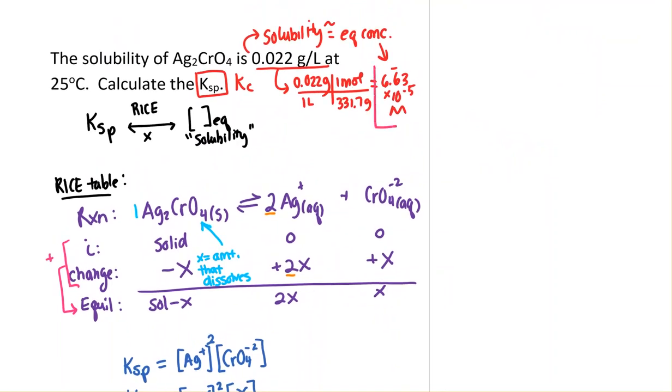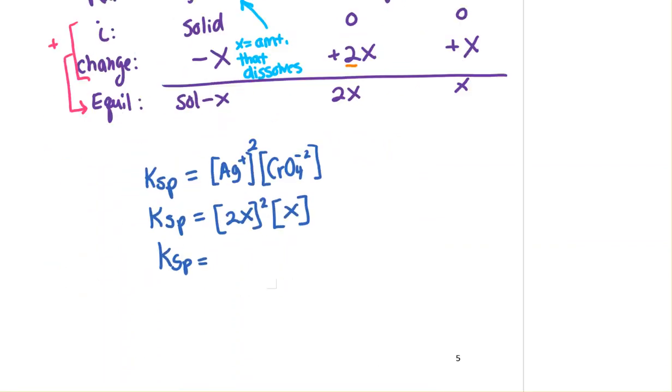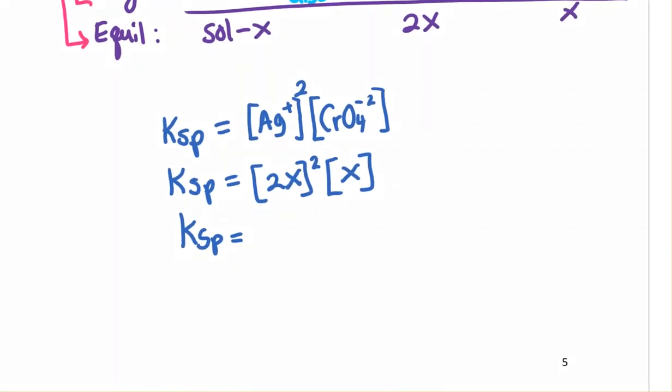This value, the solubility in terms of molarity, this is x. So solubility in molarity is the same thing as x. Let me write that down here so we'll have it. And that will always be true on these.